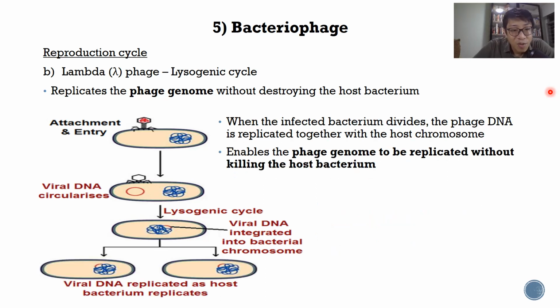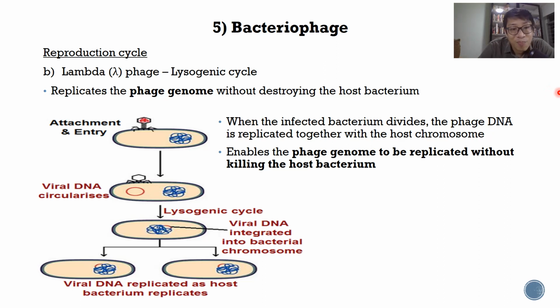So when the bacterial host cell divides, it will replicate its bacterial DNA, which includes the viral DNA. It stays as part of the bacterial chromosome, so now instead of one infected cell carrying the prophage, you have two infected cells carrying the prophage.